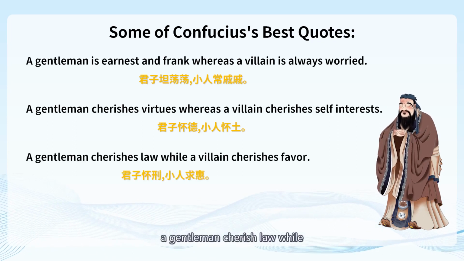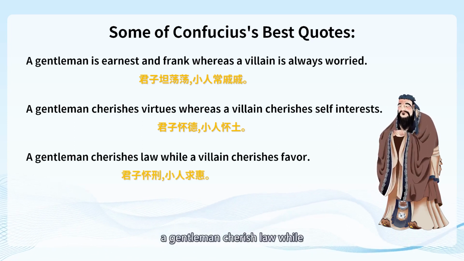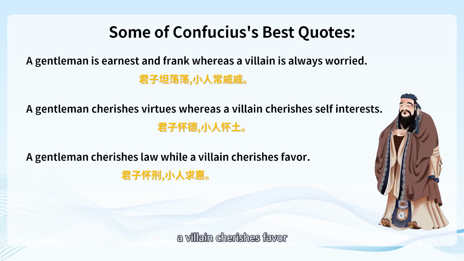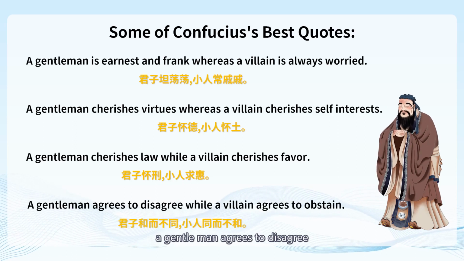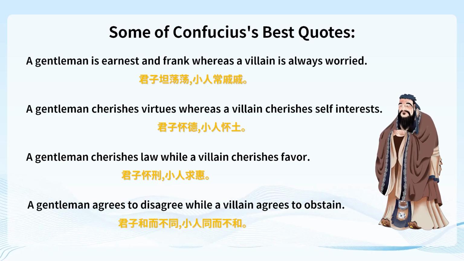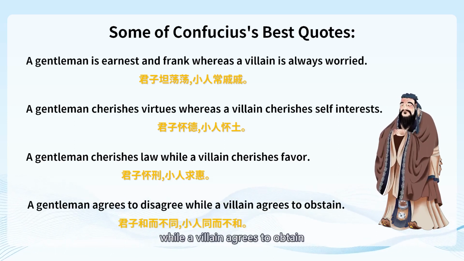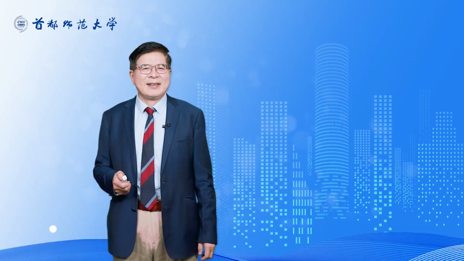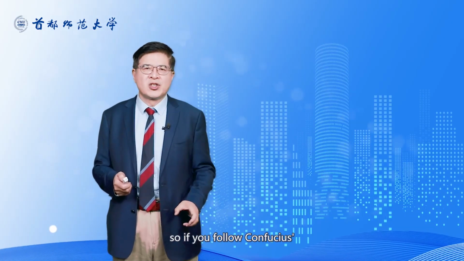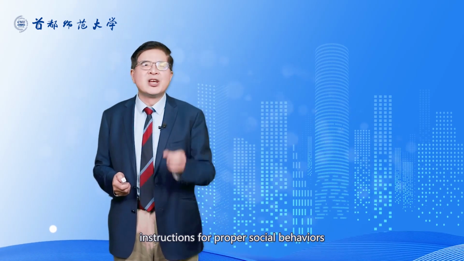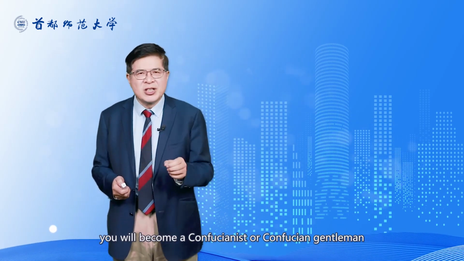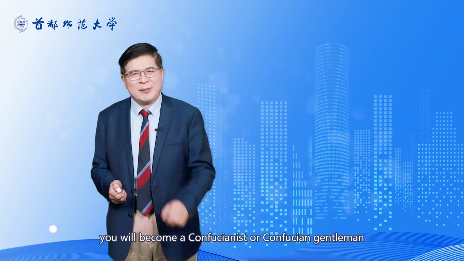A gentleman cherishes law, whereas a villain cherishes favor. A gentleman agrees to disagree, while a villain agrees to obtain. So if you follow Confucius' instructions for proper social behaviors, you will become a Confucianist or Confucian gentleman.